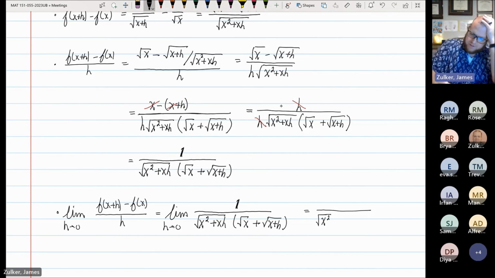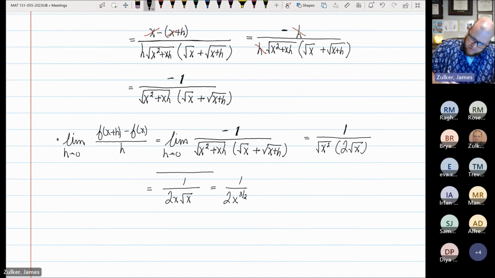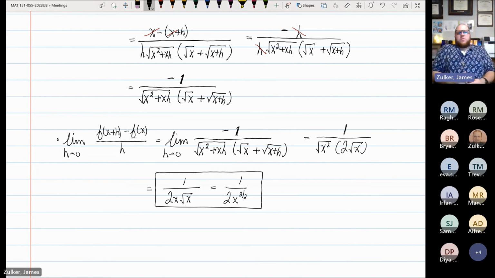That should be negative 8, shouldn't it? Which means this would be negative 1. So we can write it either as negative 1 over 2x root x or negative 1 over 2x to the 3 halves.